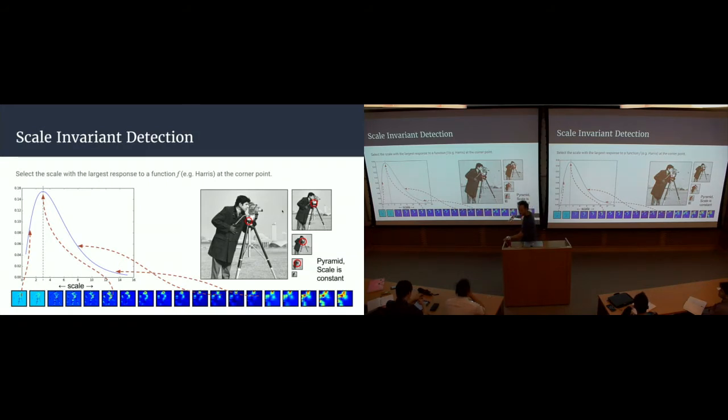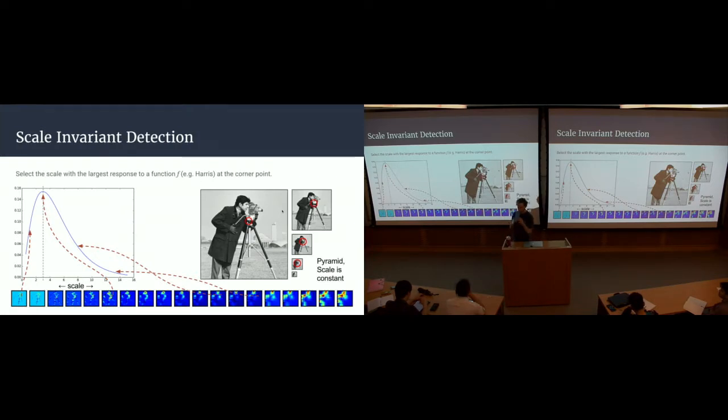And I just ran the Harris operator. So you see how some key points always repeat throughout that. So let's say we did it for 5 scales. We don't want to take the same key point with different scales.